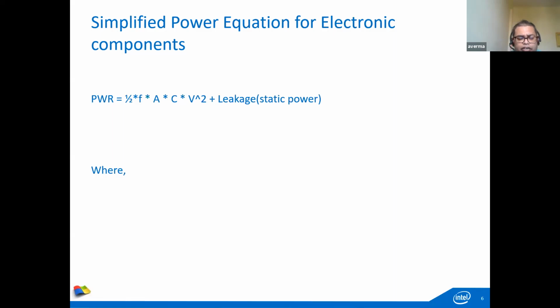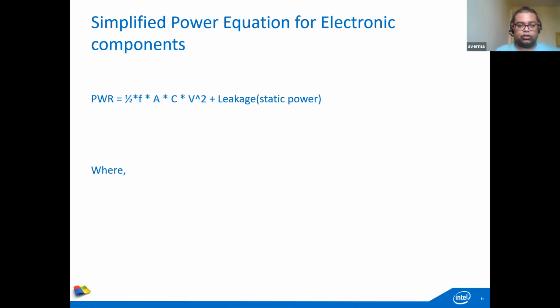So there are some generic equations which have been provided for these electronic circuits. In general, there are two components of power when these electronic devices are powered. One is what we call the dynamic power.